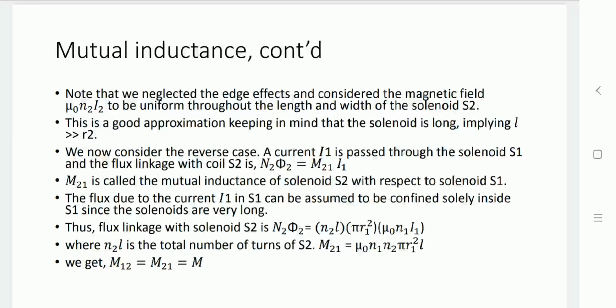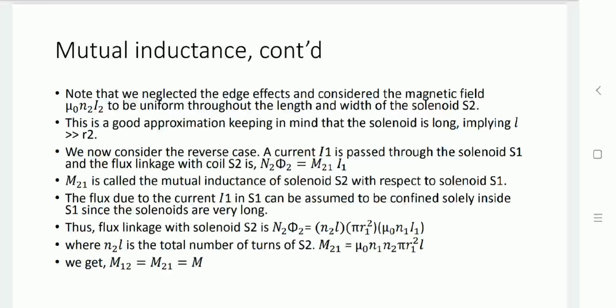Now we are passing a current I1 through S1, so magnetic flux is generated in S1. The effect of the flux in S1 is felt over S2, and as the magnetic flux is generated in S2, based on that the I2 current is produced.